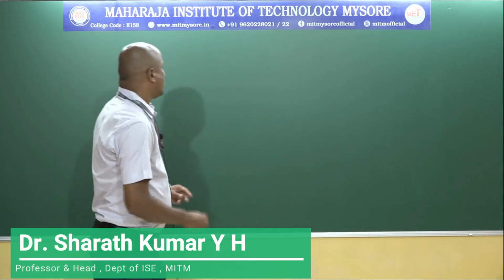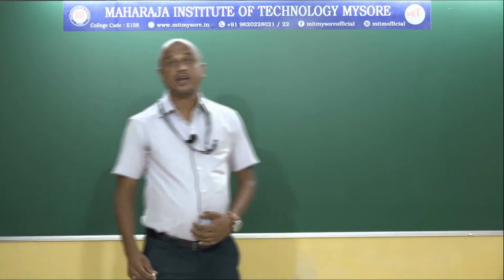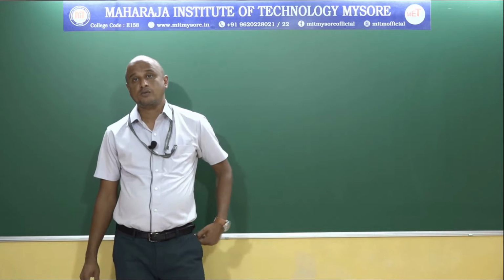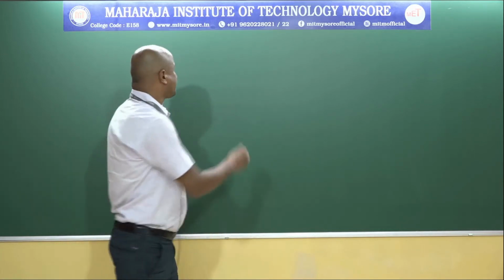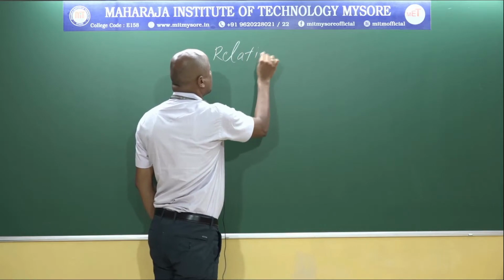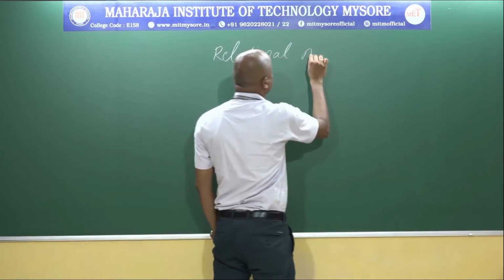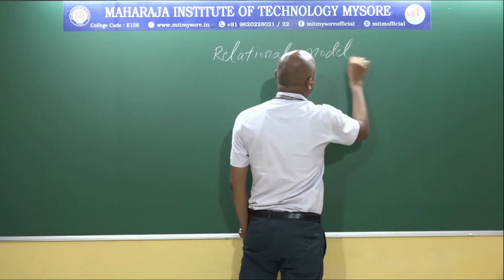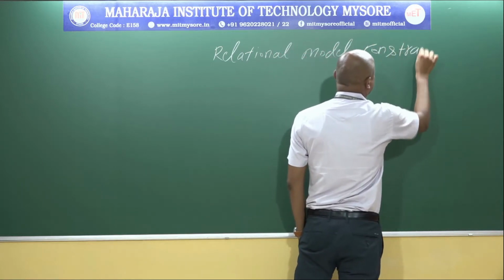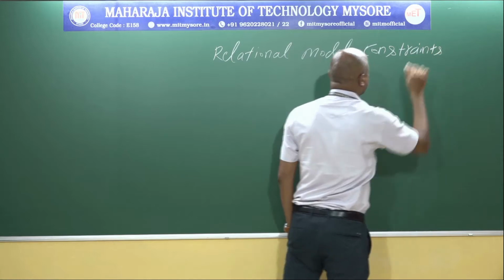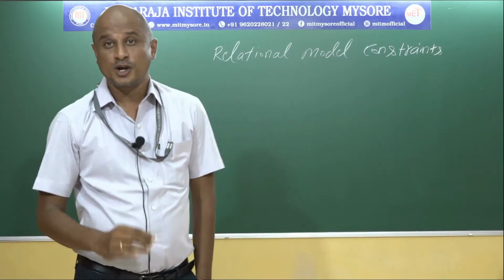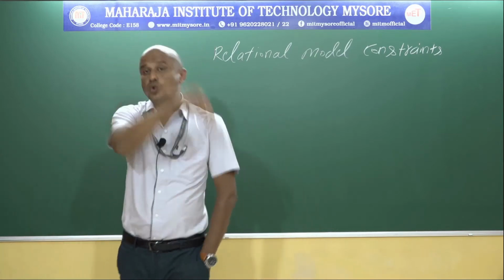Okay. So, now I will move to relational model constraints. So, relational database constraints, the rules I can tell.